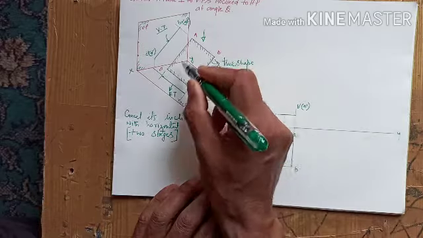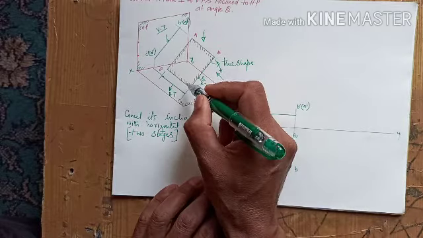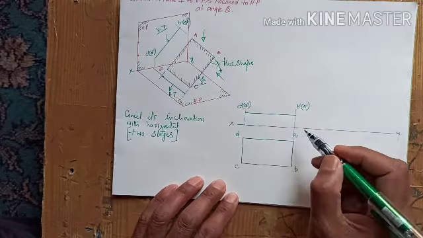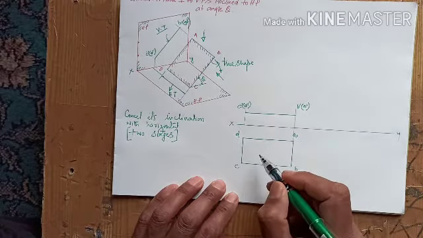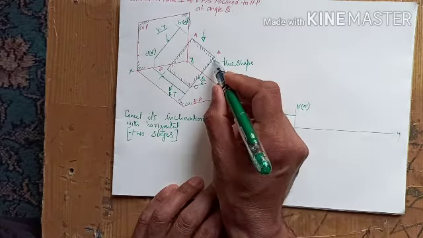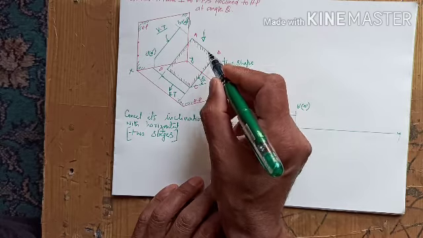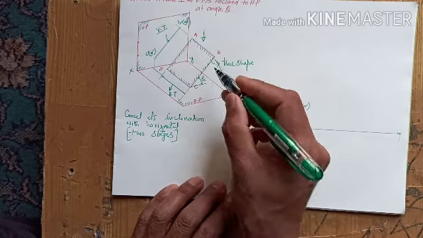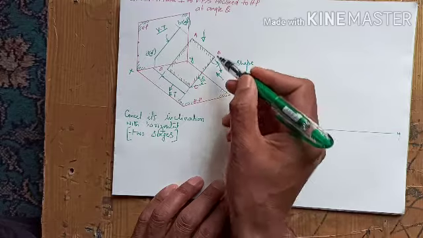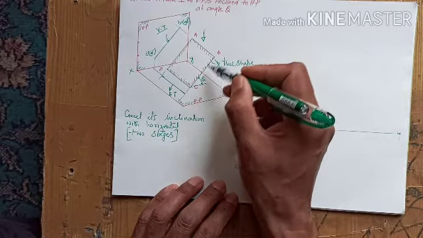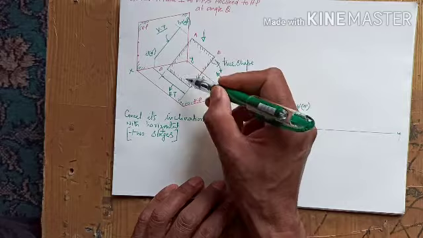Remember, whenever there is an inclined plane, you have to solve the question in two stages. The first stage is cancelling its inclination. Why cancel its inclination? Because in the top view as well as in the front view, this rectangular plane cannot be seen as true.